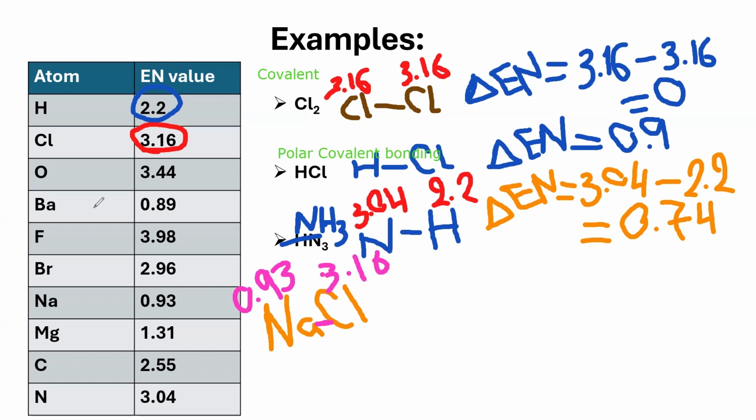The electronegativity difference equals 3.16 minus 0.93.